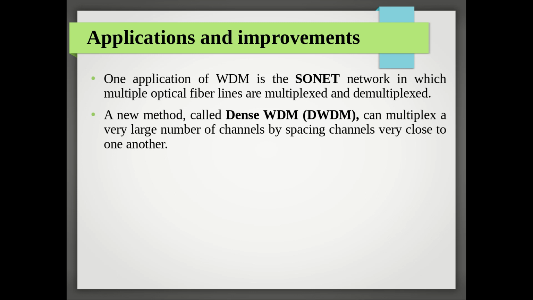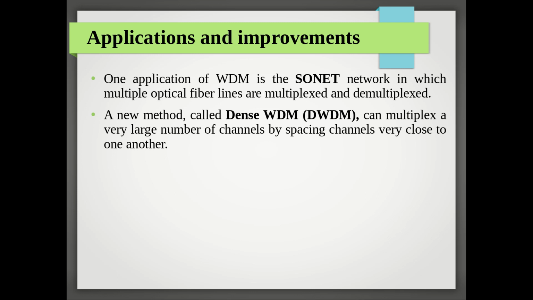Dense means many are bundled together; sparse means very few are bundled together. For example, suppose you combine 5 channels into a common optical fiber cable, and using the same cable you are able to combine 500 channels. The 500 case will be dense, whereas the 5 case will be sparse.